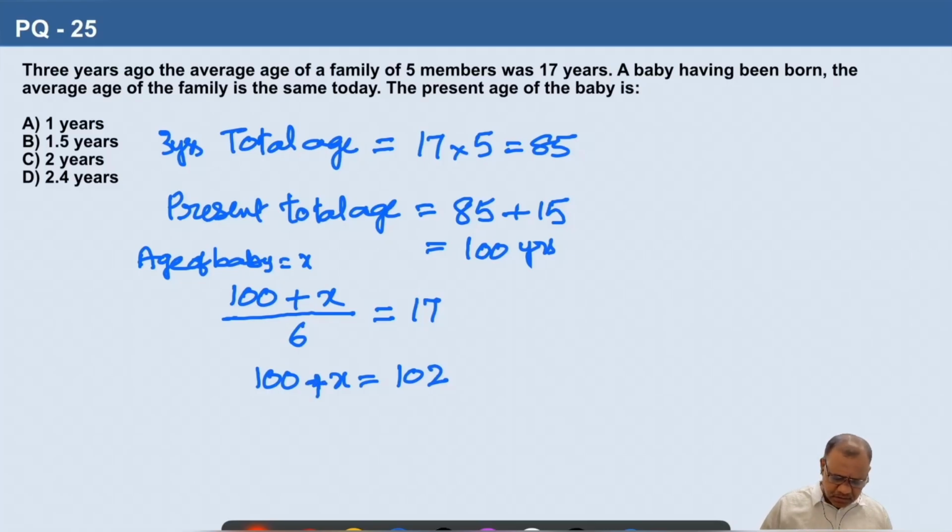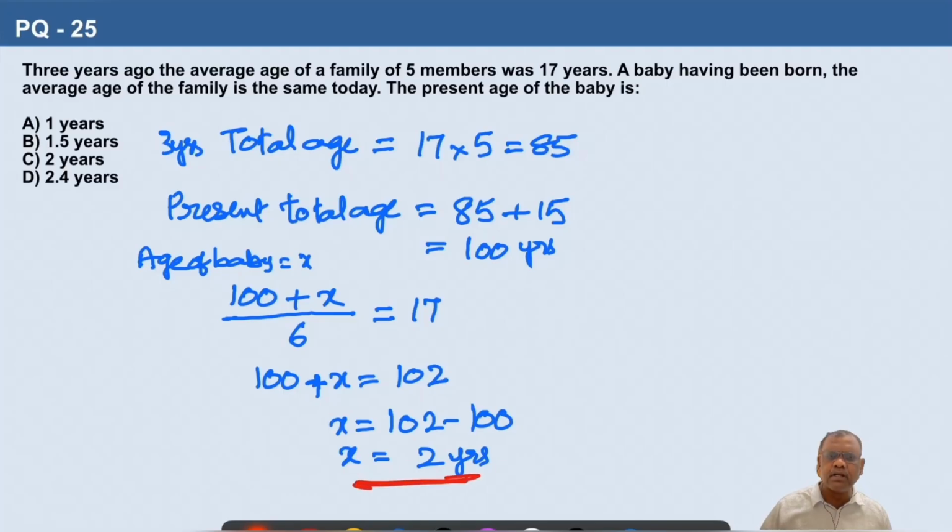X is equal to 102 minus 100. So that is 2 years is the age of the baby. So C is the correct answer. Age of the baby is 2 years.